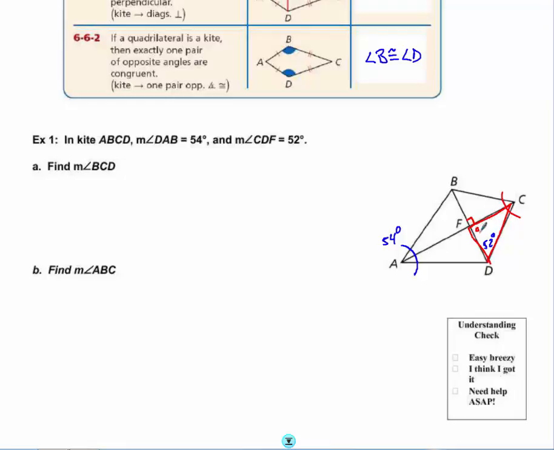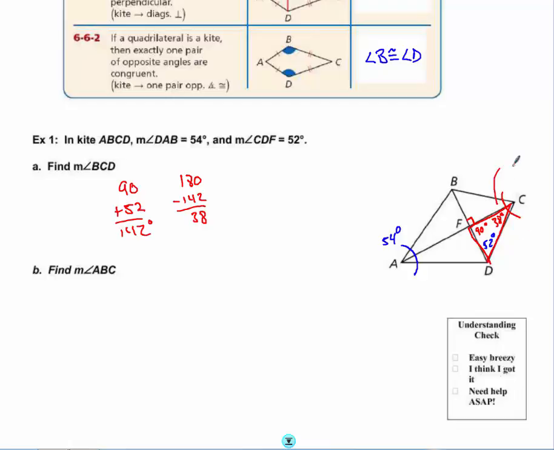Well, we know that this one's 90 degrees. So if we just do 90 plus 52, that gives us 142 degrees. Then we're going to do 180 minus 142 degrees. And we're going to get that that is 38. So this angle right in here is 38 degrees.